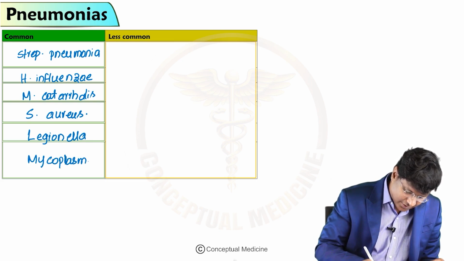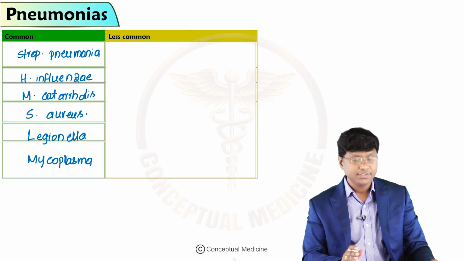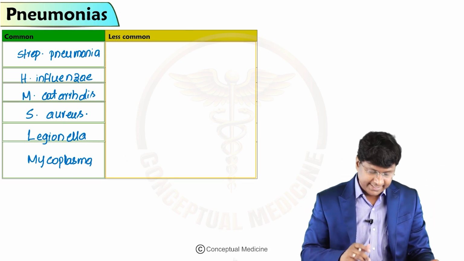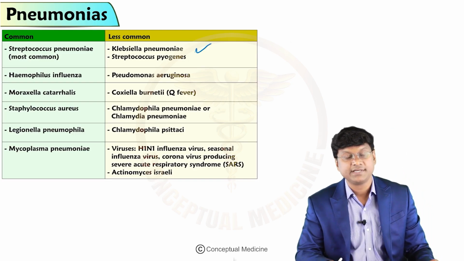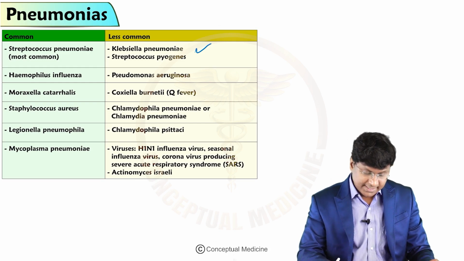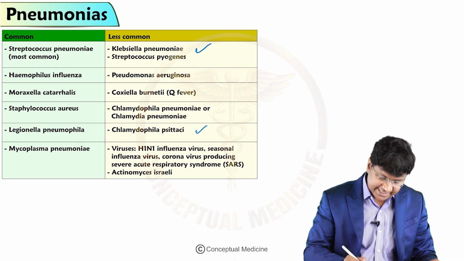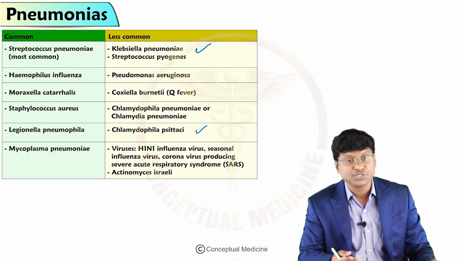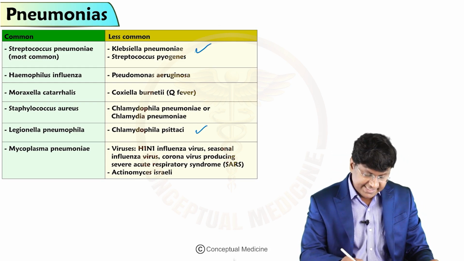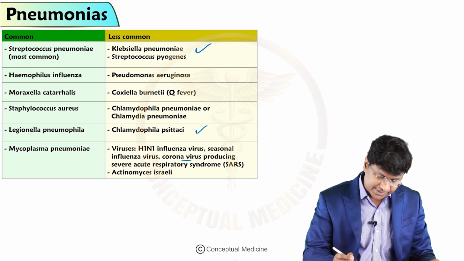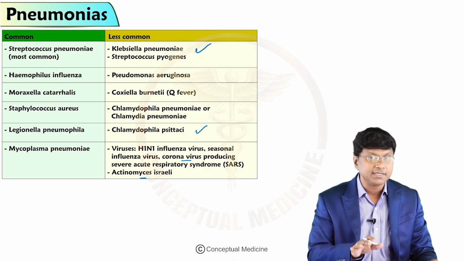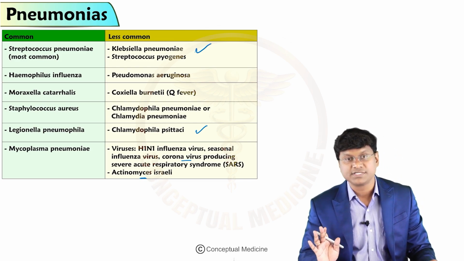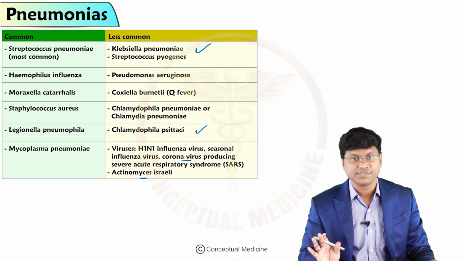So these are the organisms which will cause the primary pneumonias. And the less common organisms include Klebsiella, Streptococcus pyogenes, Pseudomonas aeruginosa, Coxiella burnetii, Chlamydia and Chlamydia psittaci, and viral infections like H1N1 influenza virus, seasonal influenza virus, coronavirus, and then Actinomyces israelii. So these are the less common organisms causing the primary pneumonias.